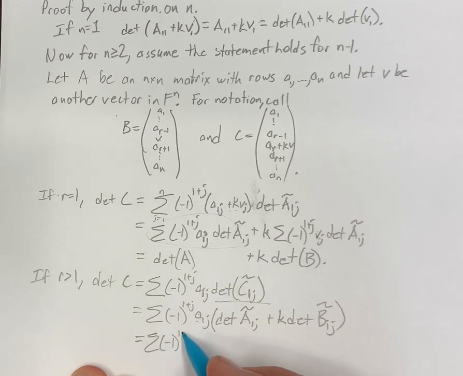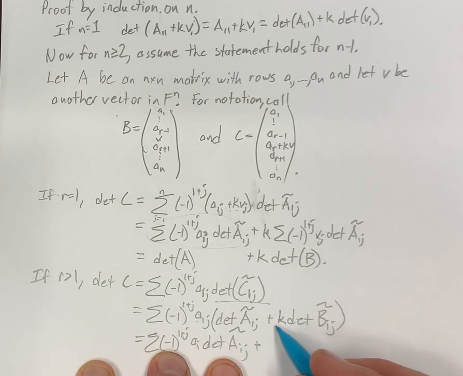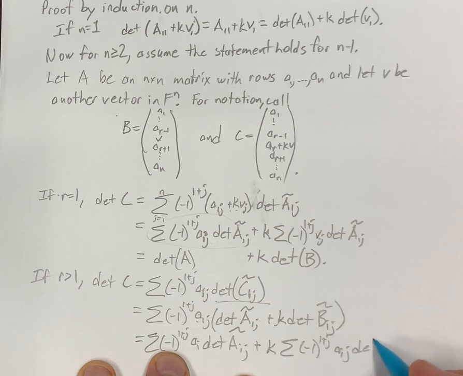As you might expect, it's a sum with two pieces there. So (-1)^(1+j) a1j det of the A1j minor. Well, what's that? That's the definition of the determinant of A, plus this k can actually come out in front. And then you have (-1)^(1+j) a1j det of the B1j minor.